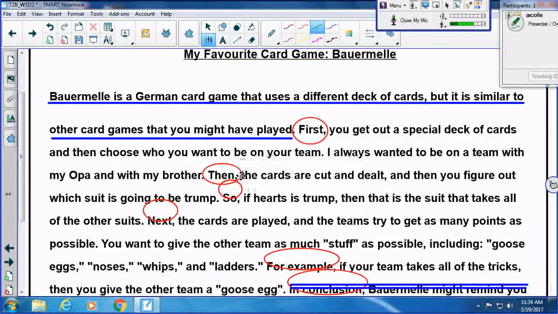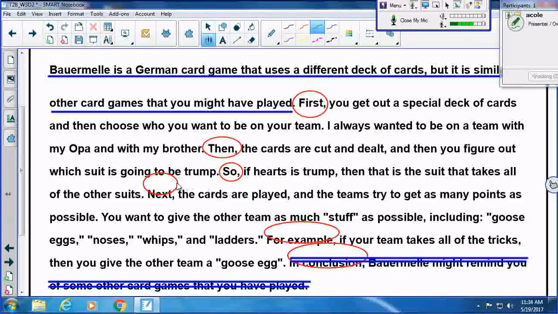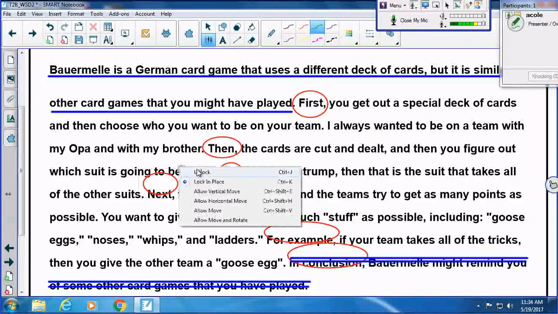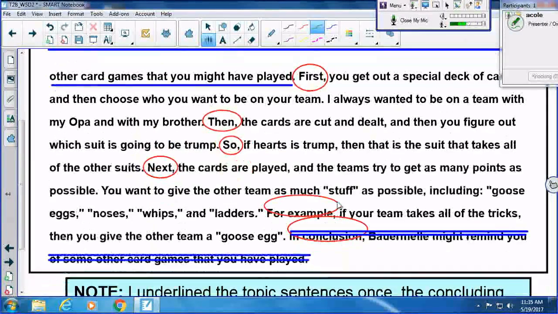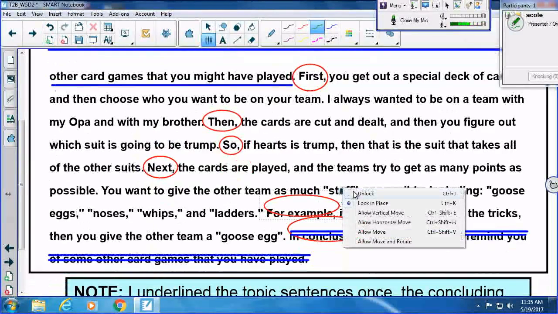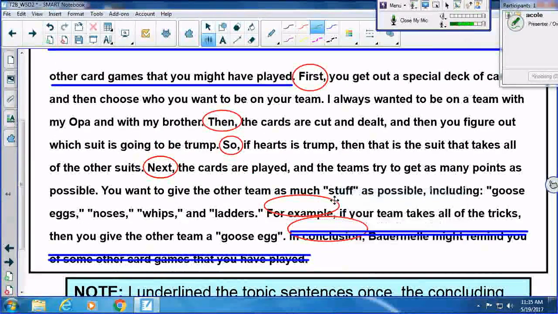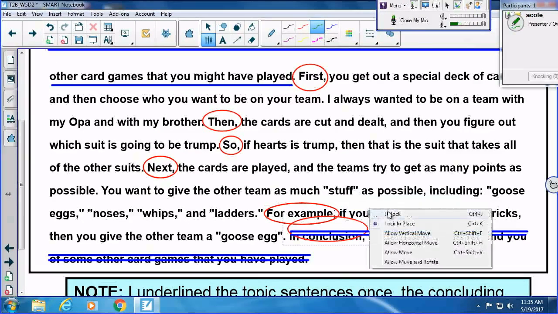If you're trying to figure out what to write about and how to structure it, you can think about things step by step. Like maybe you talk about going camping, and the first thing you do, and the second thing you do, and the third thing you do, right? That could be a really good way to structure an informative paragraph for me.